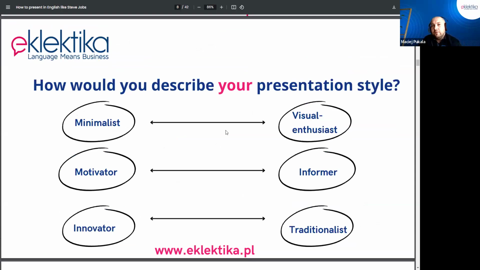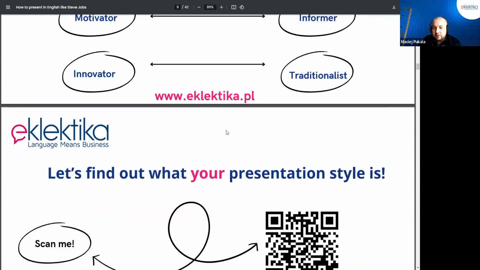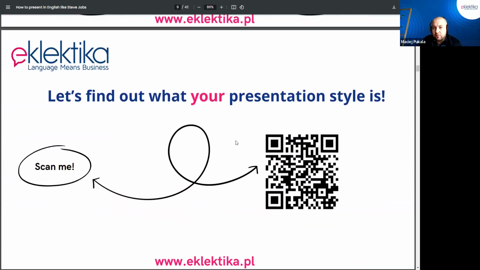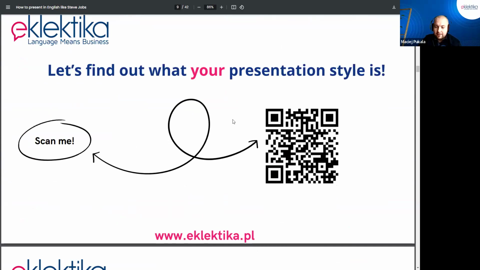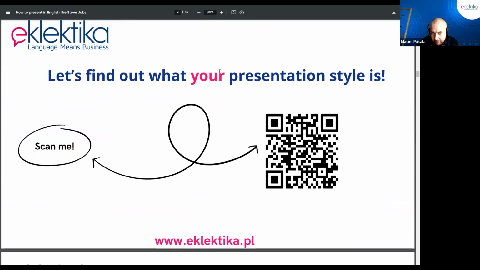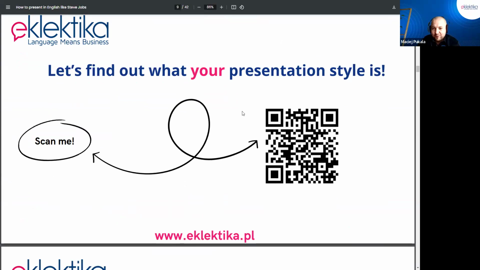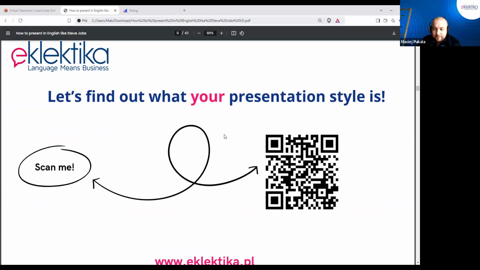I'm going to give you a QR code, okay? So what I'd like you to do is scan this QR code and take the little survey, and we shall see. We'll try to discover what your style is. I see that more answers are coming in. Yarek mentioned that it should be inspiring and not too long. I hope that you don't find my presentation too long today, yeah? Okay. All right, so here's the QR code.